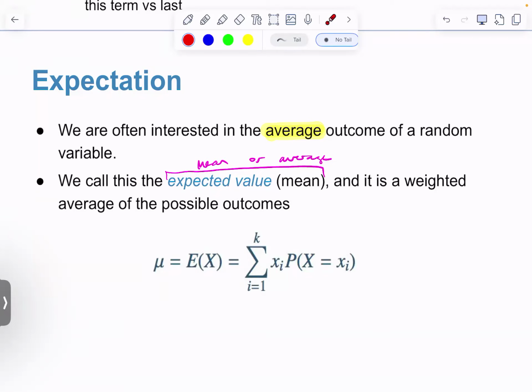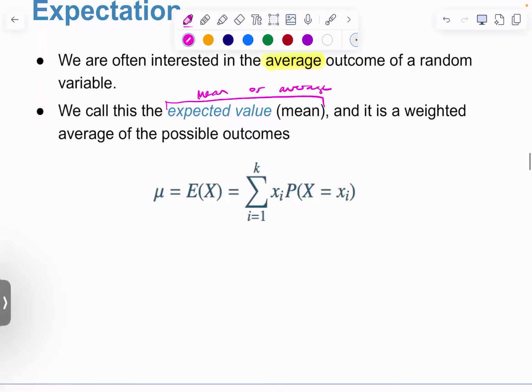Let's talk about how this is different from, recall, x bar, the sample mean. On your formula sheet, the sample mean looks like this: the sum of the x's divided by n. This is going to be the expected value of x, if we introduce some new notation.